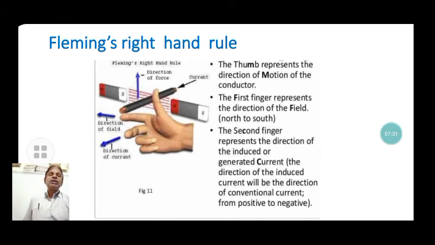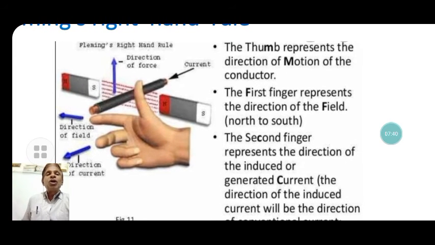Now, another way: the direction of current in the coil, also in the rectangular coil, is determined by Fleming's right hand rule. Here the field direction is north pole to south pole, and the thumb represents the direction of motion of the conductor that moves in a magnetic field.